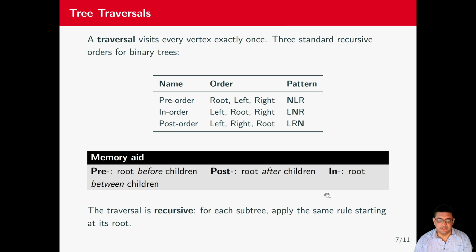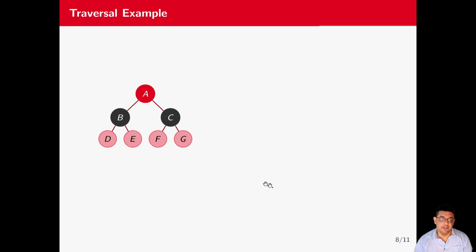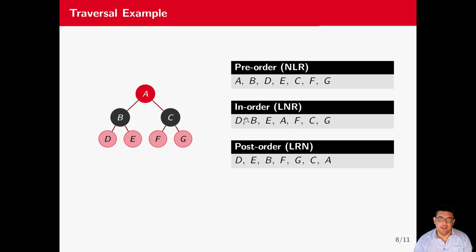Now, traversal is going to be recursive. So for each subtree, we're going to apply the same rule starting at the root. For example, here we have the nodes A, B, C, D, E, F, and G. In the pre-order, we start from the node, then we go to the left and then to the right.